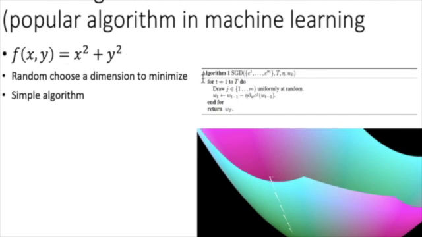I built a function like this, and you can see the step length is not very large and pretty much constant, because the derivative is not very large. It's a simple algorithm, but it converges not very fast.